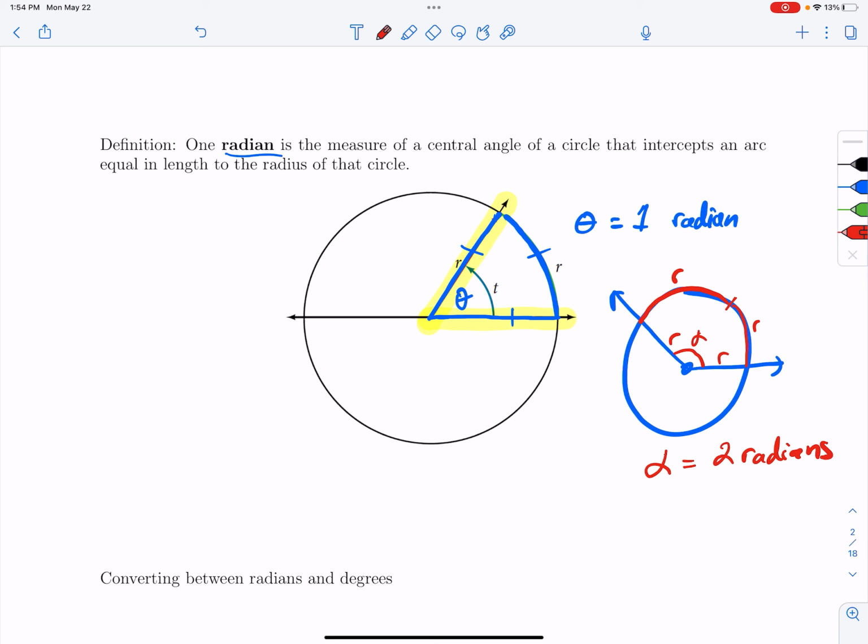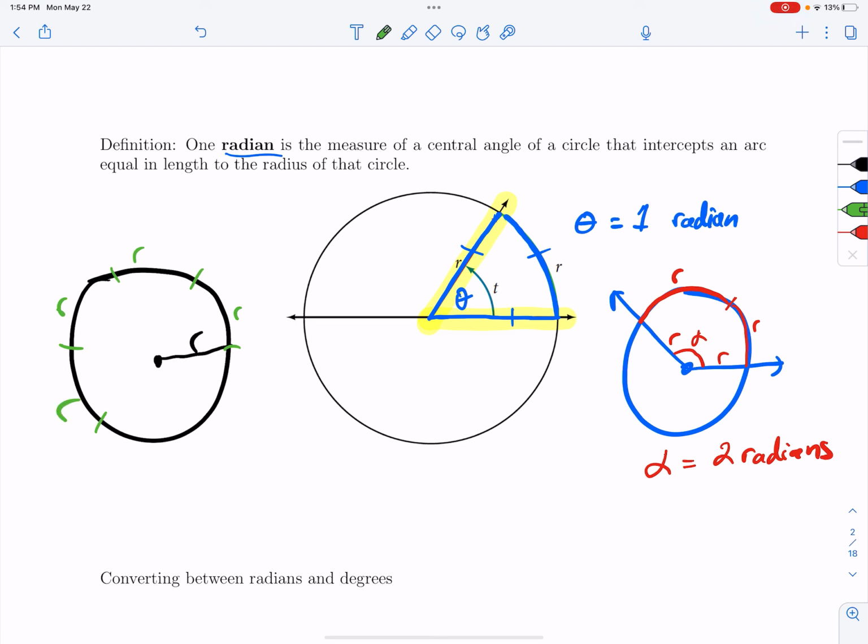So in any circle, no matter what the radius is, let's call that r, I can always fit a little bit more than 6 radii around. Now, this isn't perfect, but I have 1, 2, 3, 4, 5, 6 radii, and then a little bit extra right here. So what we say is it's 6.28 radians in one circle.